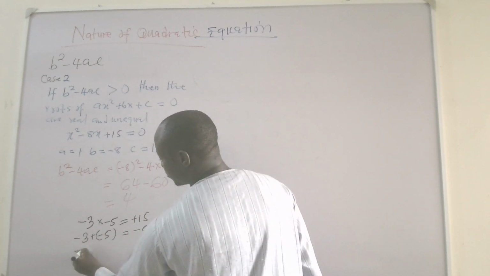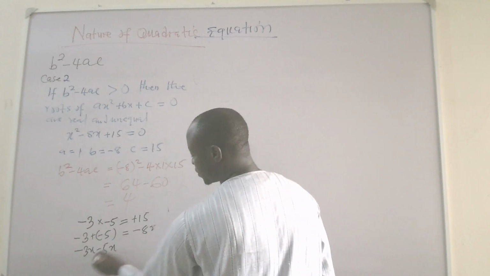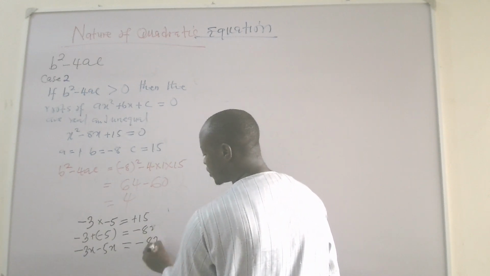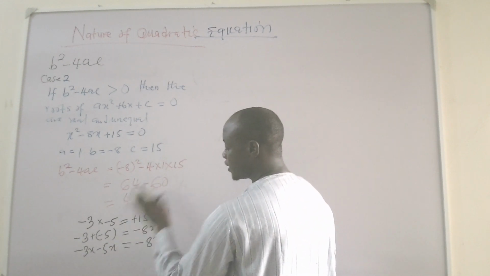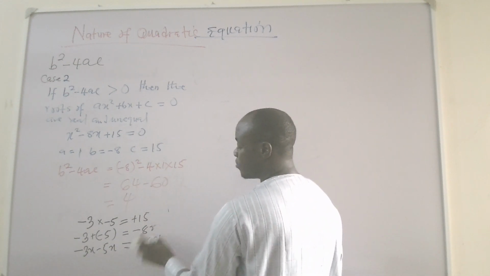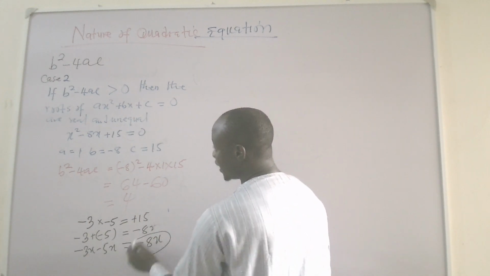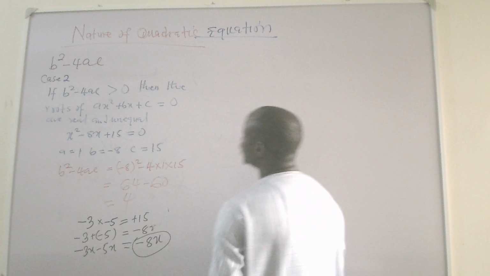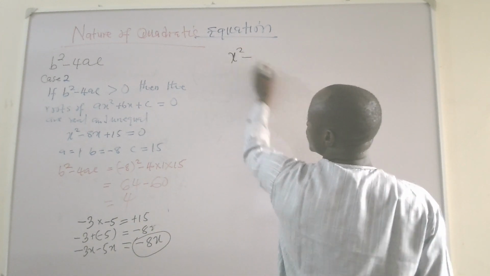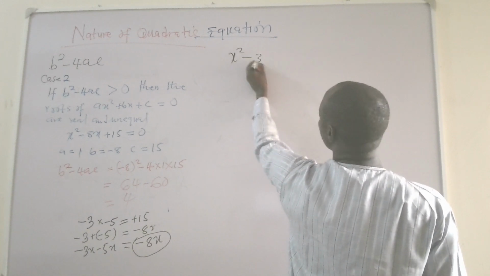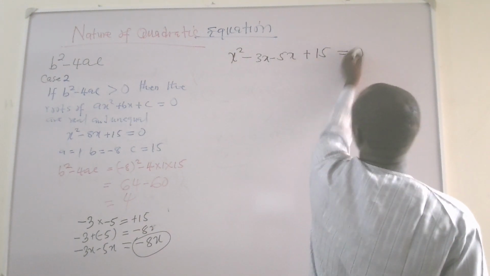So we are now going to add minus 3x and minus 5x, which gives us minus 8x. So since we have minus 8x, we can substitute it in the equation. So we can now have x squared minus 3x minus 5x plus 15 is equal to 0.